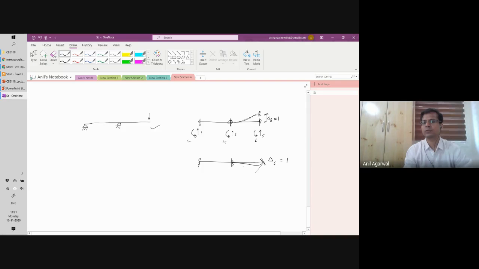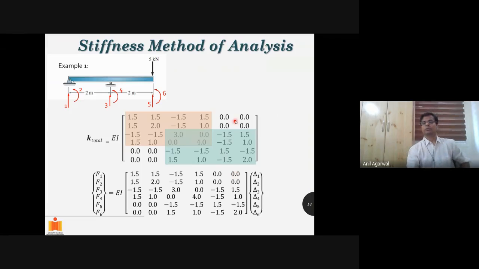But whatever forces were required, they were all satisfied between 3, 4, 5, 6. So you don't have to apply any additional force at 1 and 2 because it is already fixed here. So no effect of this one is transmitting beyond this boundary condition. All the effect of delta 6 or delta 5 is absorbed at 3 and 4. Okay, so that's why you have these terms as 0.